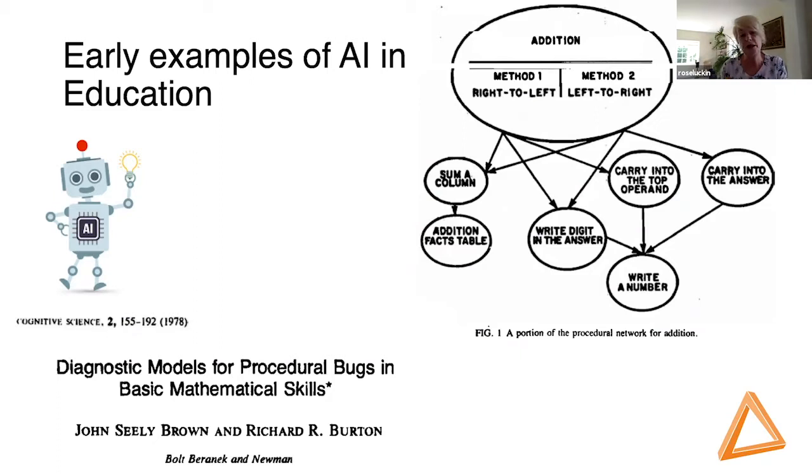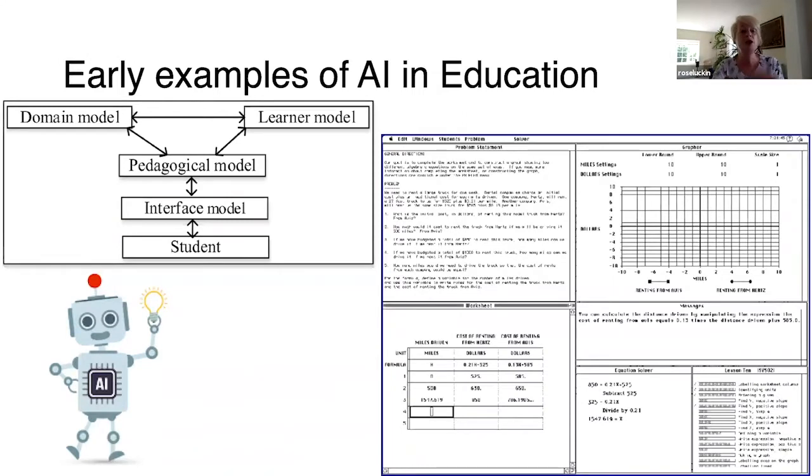So the creators, John Seely Brown and Richard Burton, were looking to create not just legitimate rules for addition, but also buggy rules that would help to explain where a child was going wrong and how the system could correct them. And indeed, there were many early examples of AI in education that used this rule-based approach, particularly intelligent tutoring systems like the one you can see on the screen, which is a very dense interface with lots of text, not very user-friendly, but a system that was relatively intelligent in terms of its understanding of maths.